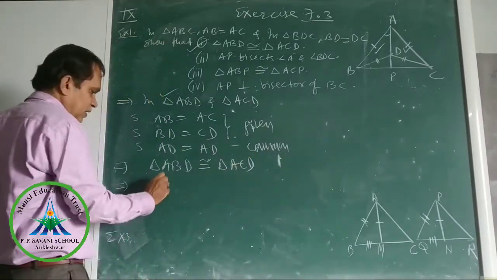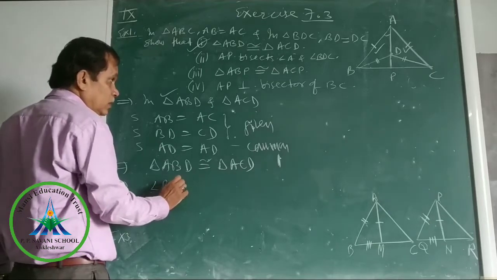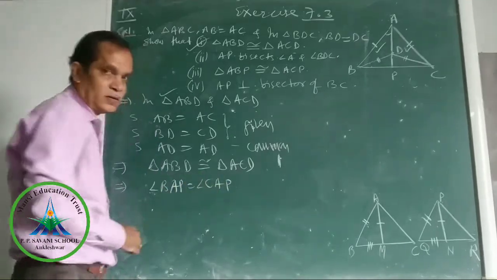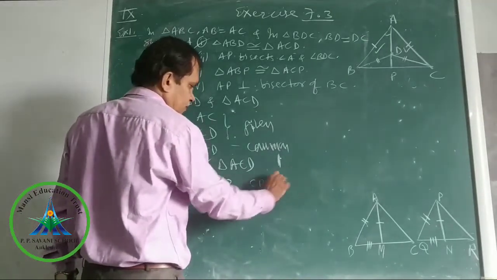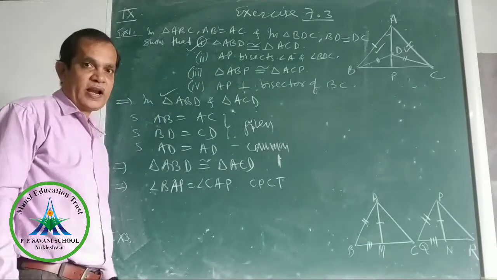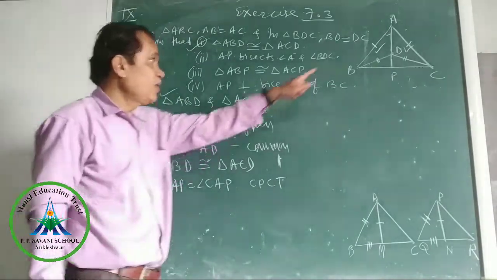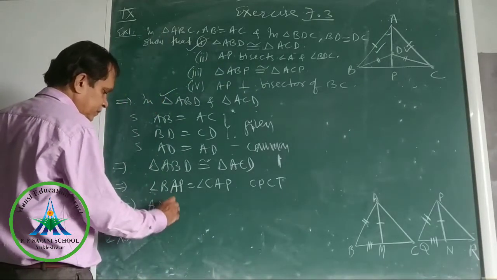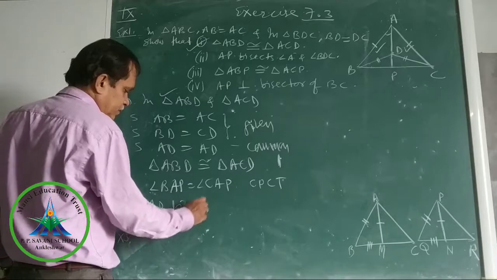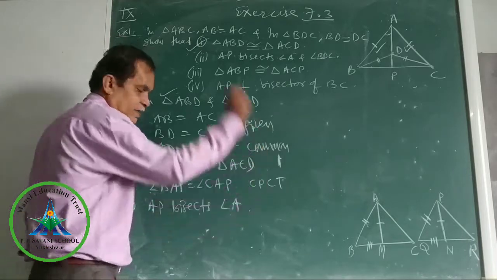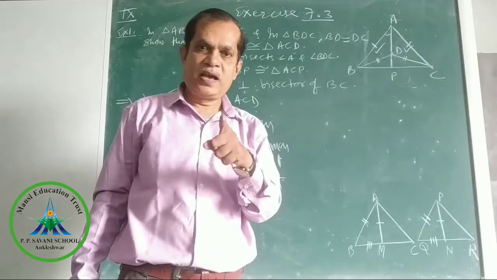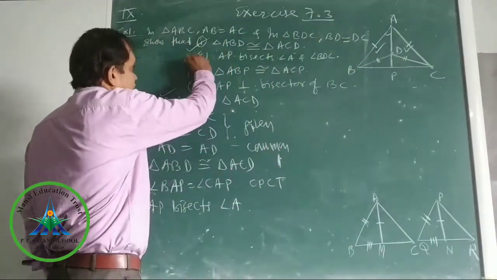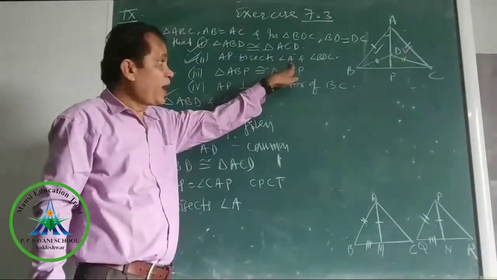This implies angle BAP equal to angle CAP, corresponding parts of congruent triangles. And if these angles are equal, AP bisects angle A. First part done, up to angle A done.